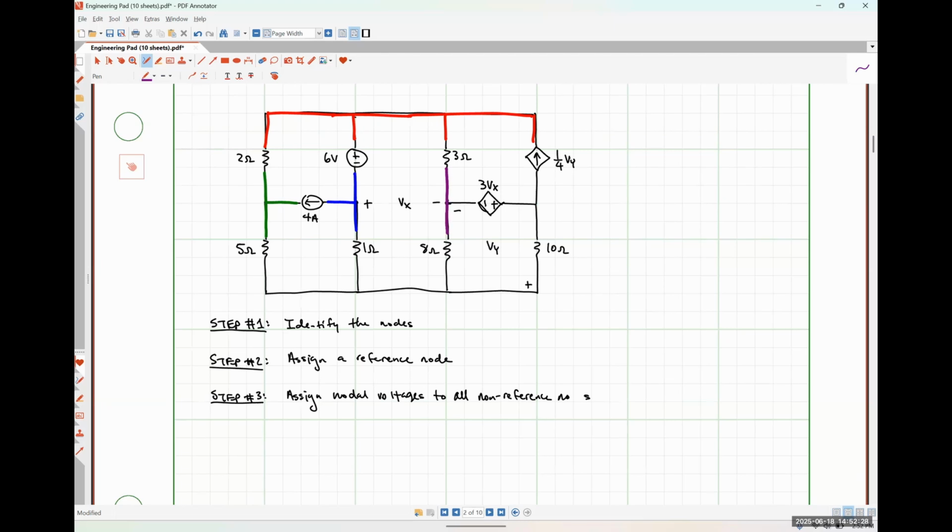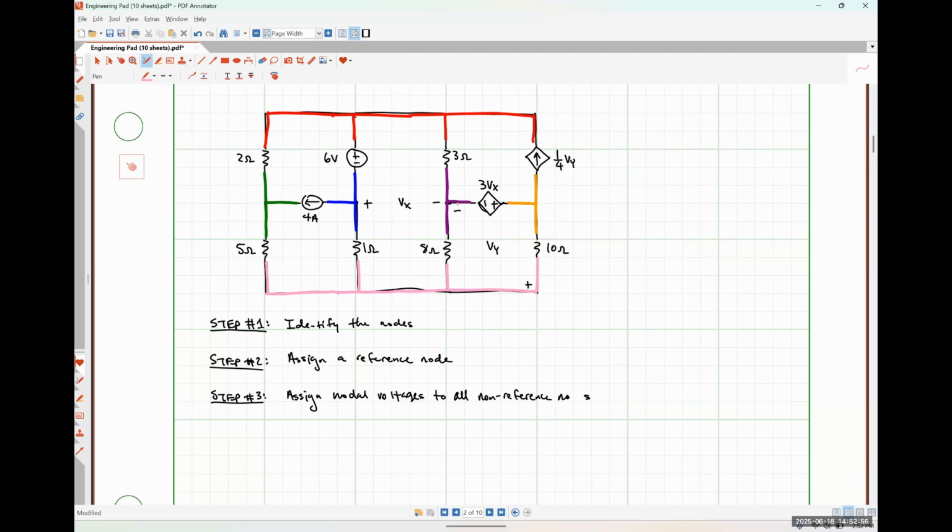This guy over here in purple. Let's do this guy over here to the right middle in orange. And let's do this guy on bottom in pink. So 1, 2, 3, 4, 5, 6 total nodes.